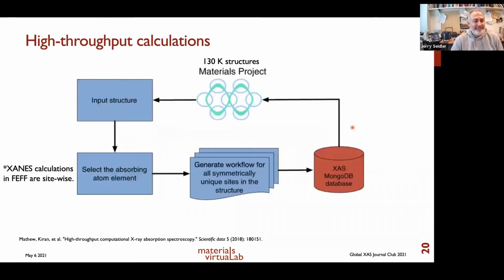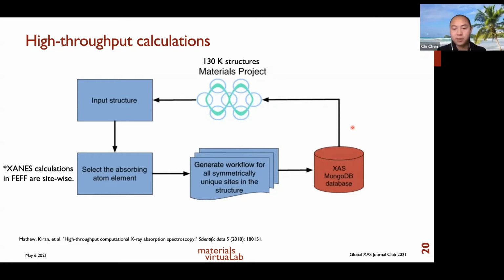Okay, great. So this is a summary of what we did in the final publication for generating the database. We start from the Materials Project, which at the time had more than 130,000 structures. For each structure, we select the absorbing elements and calculate the XANES spectrum for each symmetrically unique site in the structure.